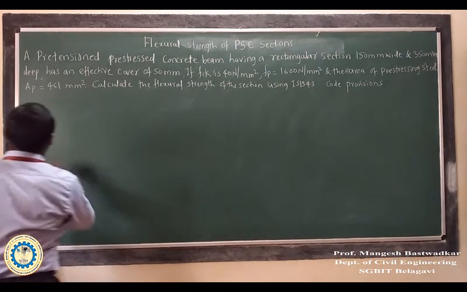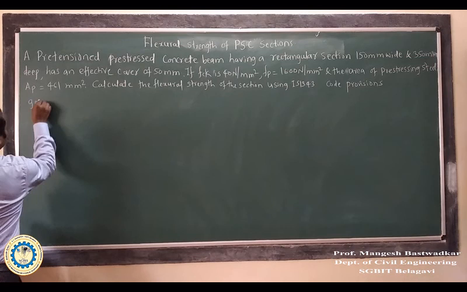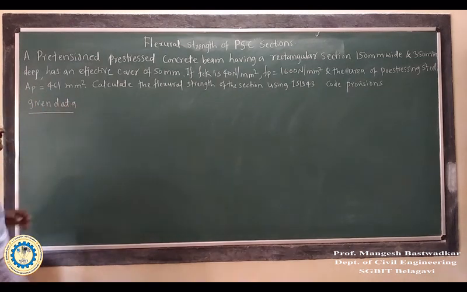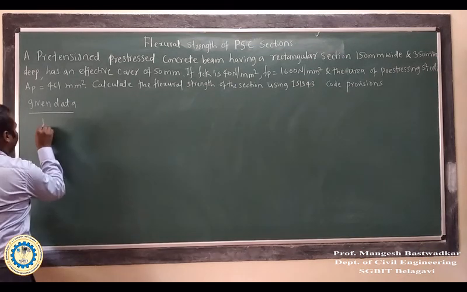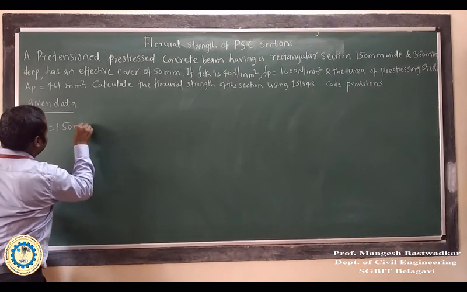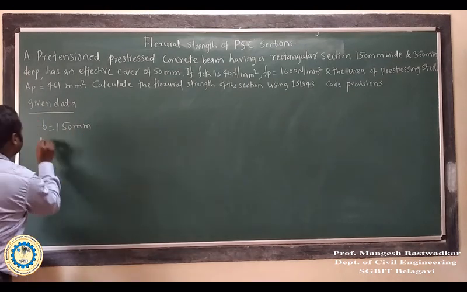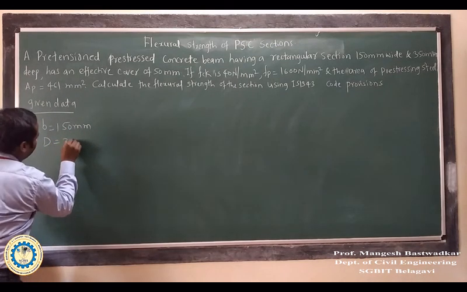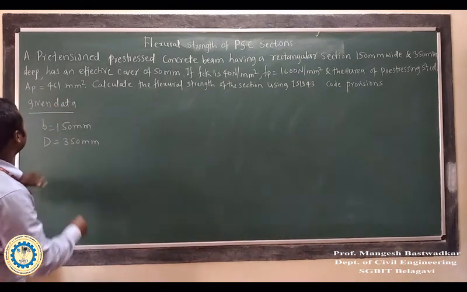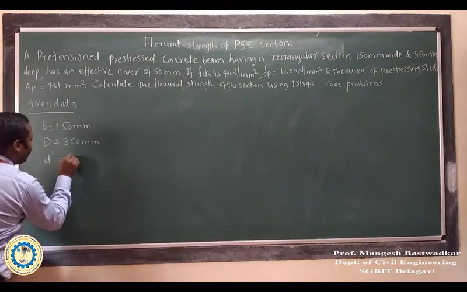So we'll write the given data here. Given data. Since it is a rectangular section, the width of the beam is given as 150 mm. The overall depth of the beam is given as 350 mm. Then the effective cover is given, we'll denote it as 50 mm.